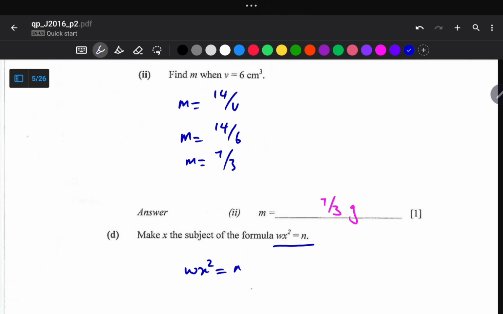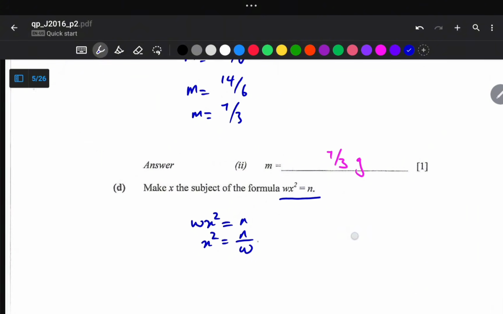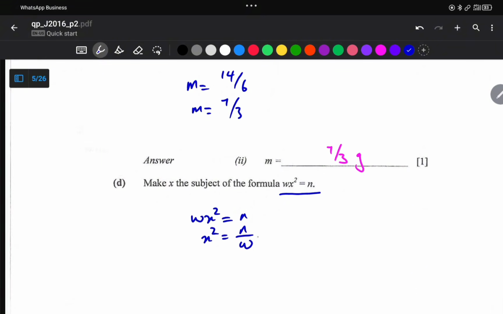So wx squared divided by w is equal to x squared being equal to n divided by w. Okay, so we want to make the power of x positive 1, so we are going to multiply this power by the reciprocal of 2. Given that we are having x squared, we can simply say x squared to the power half being equal to n over w to the power half.